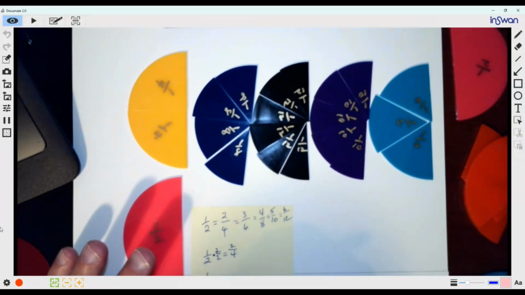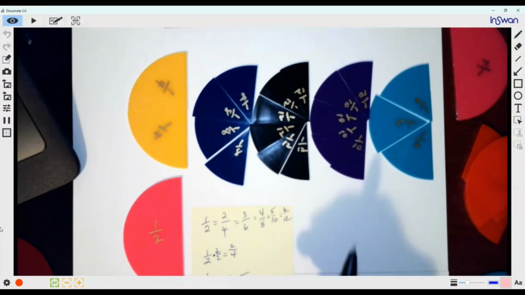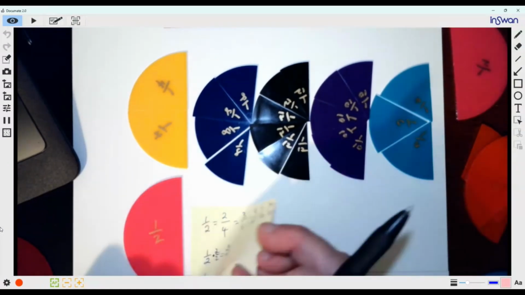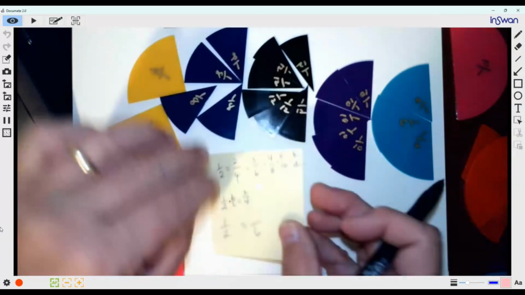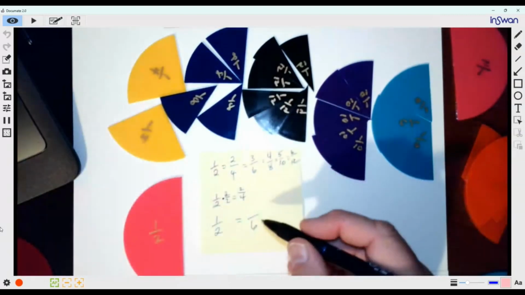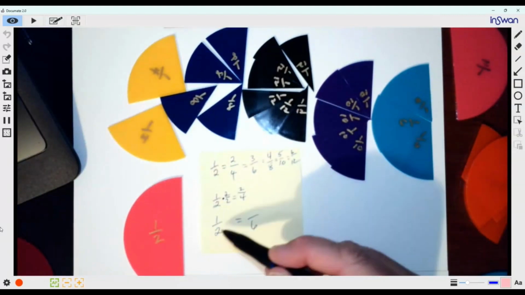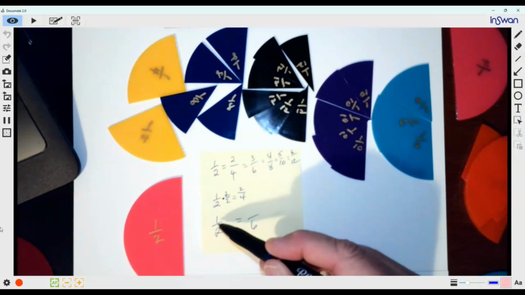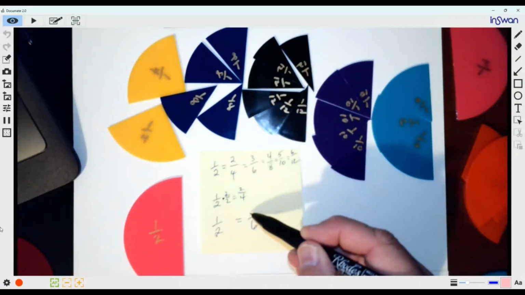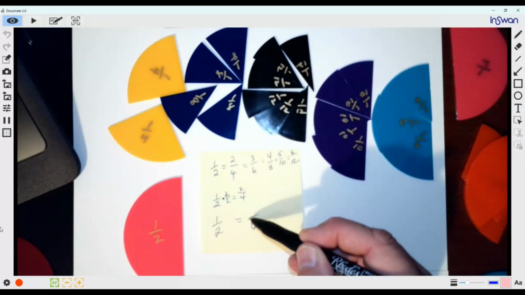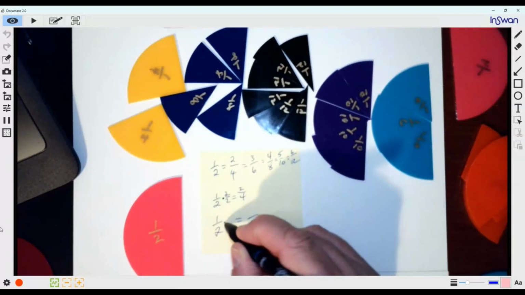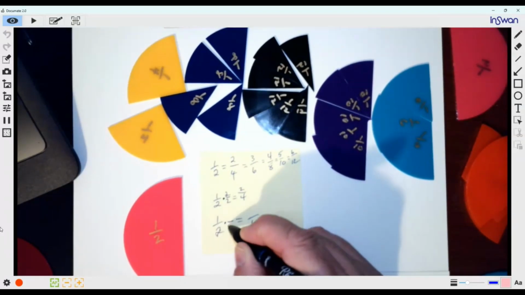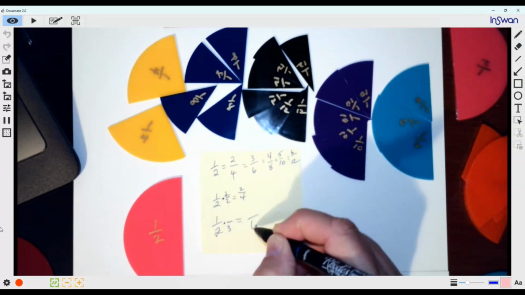If I take 1/2 and I want to turn it into sixths, okay, so now I'm turning 1/2 into sixths. I would have to multiply the bottom by 3 to get 6.